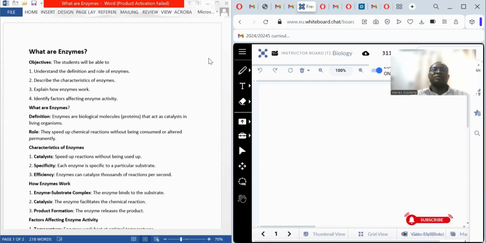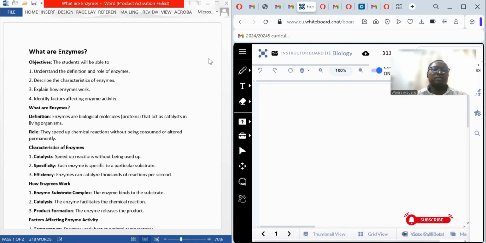An enzyme is a biological molecule that acts as a catalyst in living organisms. It acts as an activator. It activates some processes to occur at a faster rate in living organisms.